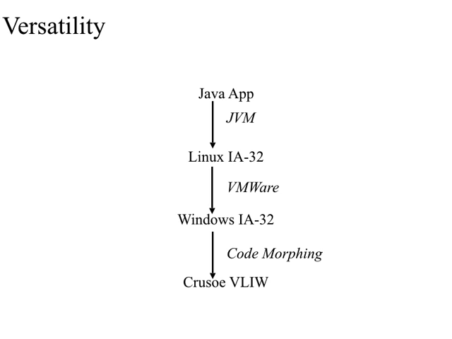Within the Windows OS, you might run a VMware hypervisor, a hosted VMware hypervisor, which then within that virtual machine you can further run a Linux operating system that uses the x86 ISA, and within the Linux operating system you can run a Java virtual machine which allows you to run Java applications. So finally you have Java applications running on the VLIW processor, but through multiple levels of indirections.